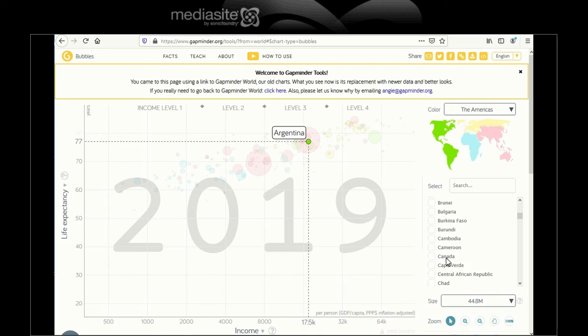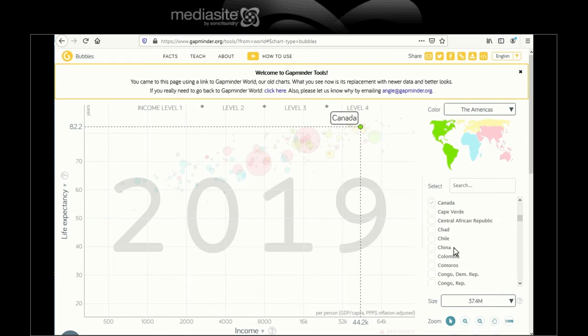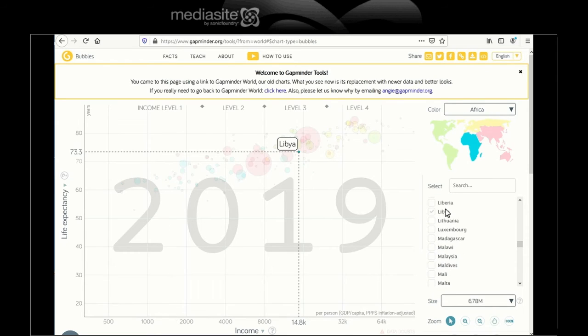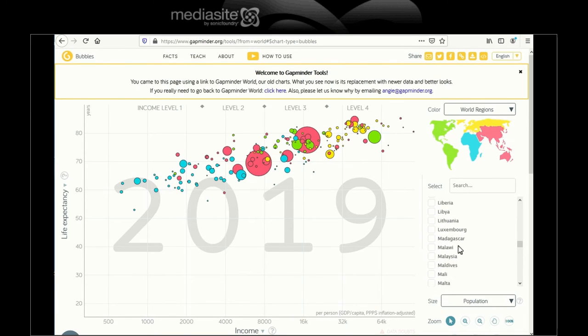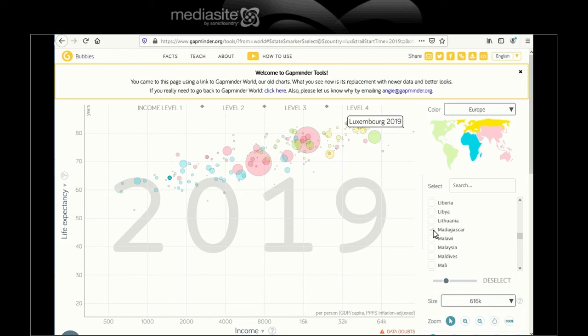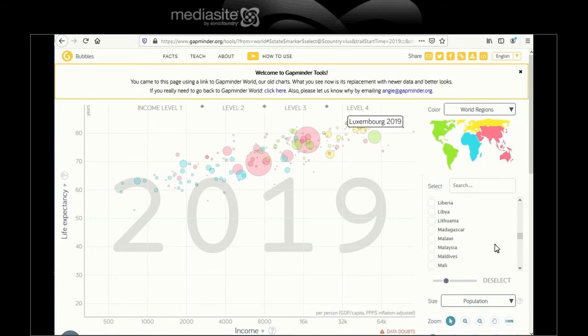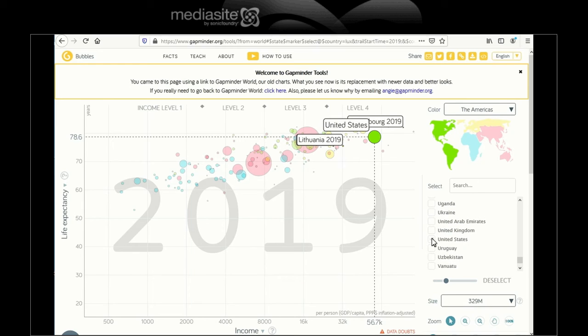So let's look at a country that I don't know about. Let's find Liechtenstein. Oh, not on the map. Let's do Luxembourg. Lithuania. United States.